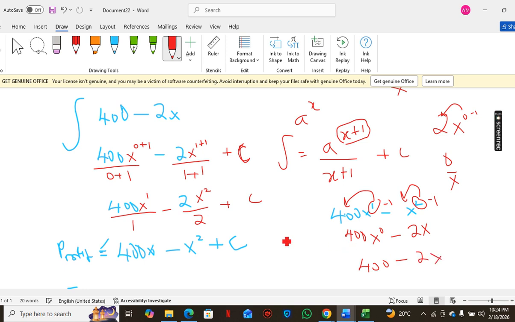This constant would have disappeared when we're deriving this. Any questions, colleagues, before we move further? These symbols are Greek. So if you say in today's class you were just hearing Greek, yes, we're using Greek symbols.